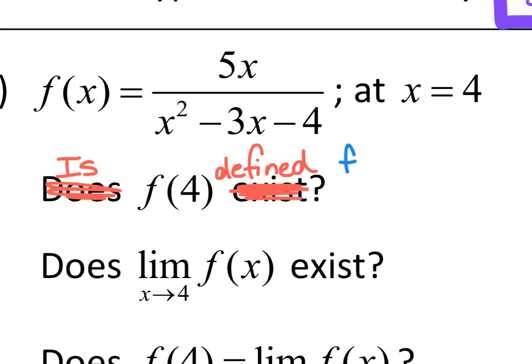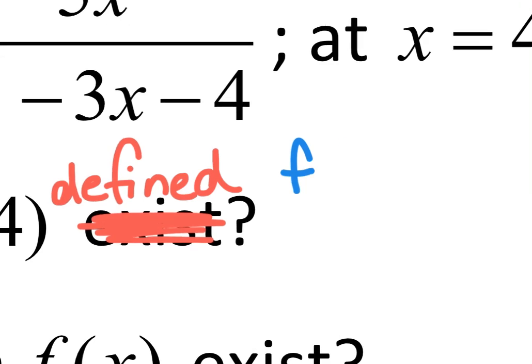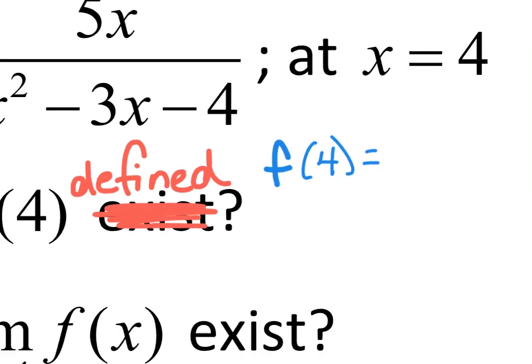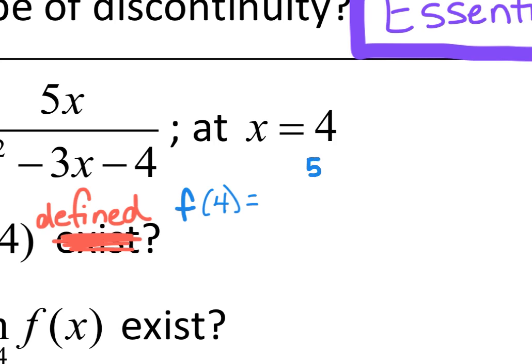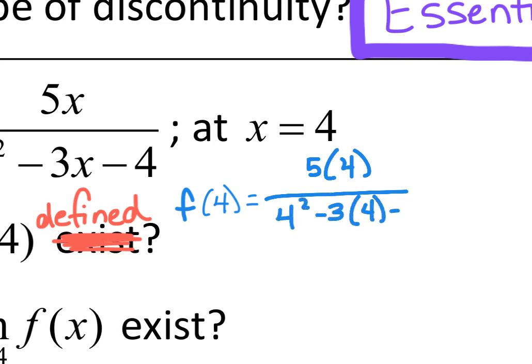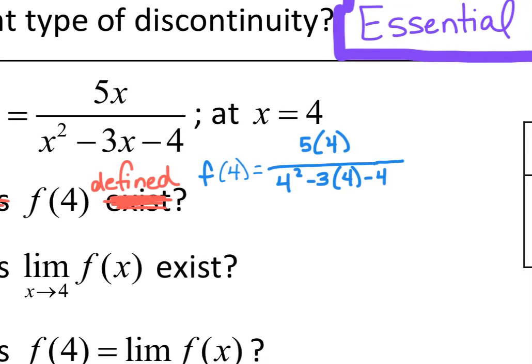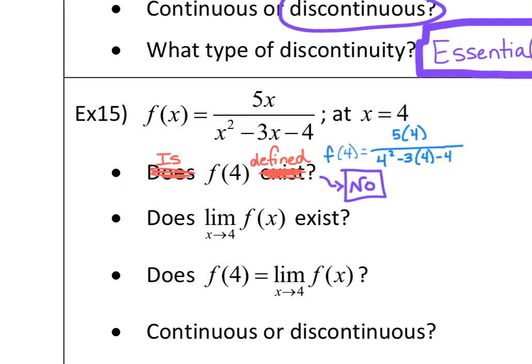Now we're going to say, well, I don't know. Let's compute f of 4, substitute the 4 into the equation for all those x values. So it would be here 4 squared minus 3 times 4 minus 4. Plug that whole thing into your calculator and you are going to see that it's undefined. So your answer here is going to be no. It's not defined at x equals 4.